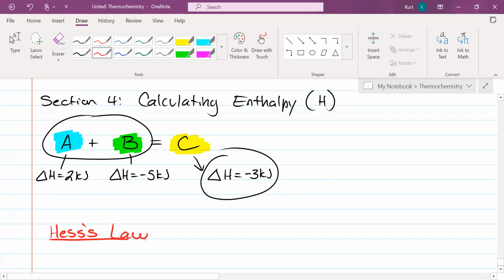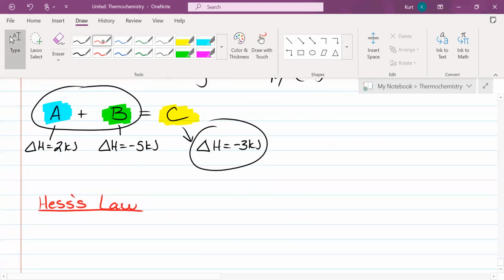Now, on the previous video, I defined Hess's law according to the textbook definition. Here's how I'm going to put it into my own words.